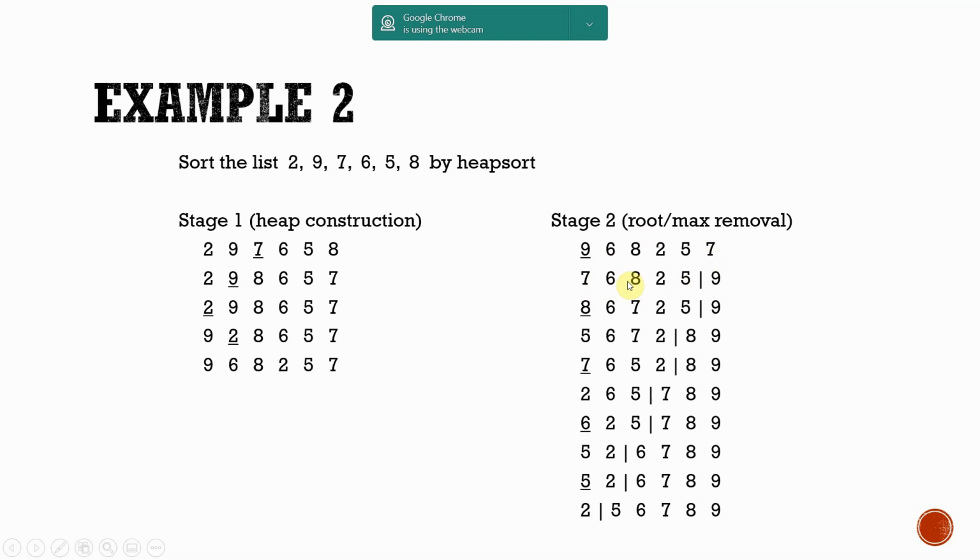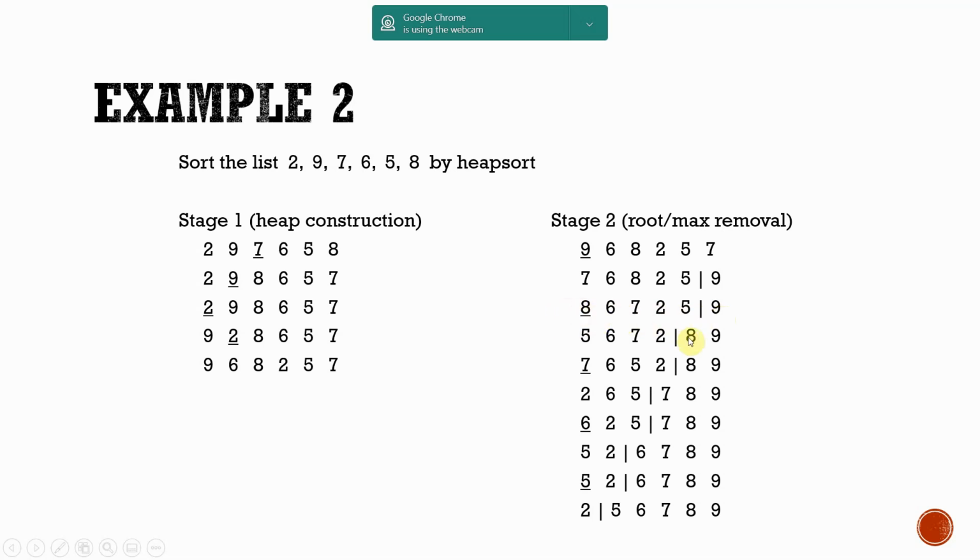So 6 and 8 are children of 7. 8 is the bigger child, the largest child, so 8 is going to go up here, okay? And so we have 8, and then 6 and 7, 2 and 5, and then bubble down stops at this point, right? And then we can remove 8.